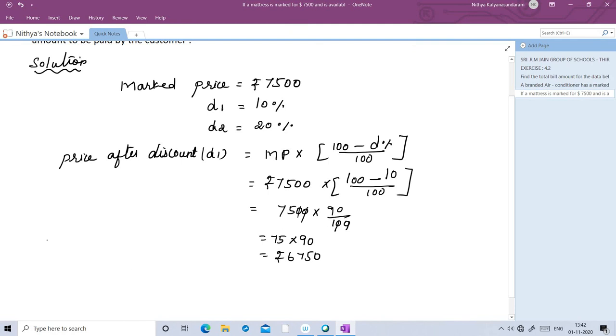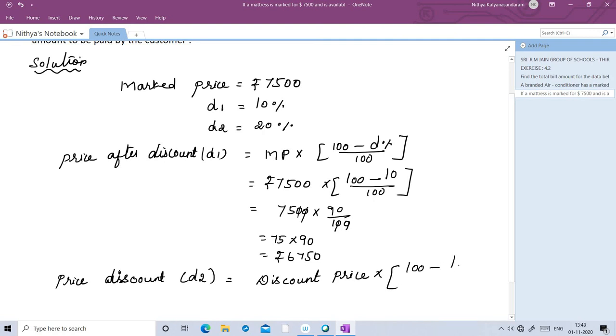Then we calculate the price after the second discount of 20%. Price after discount D2 is equal to the discounted price into 100 minus discount 2% divided by 100.